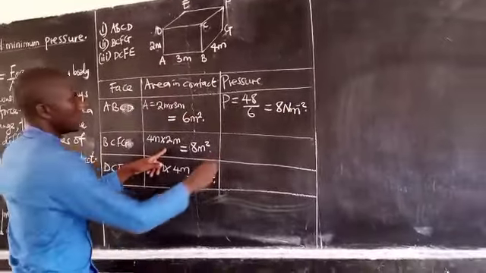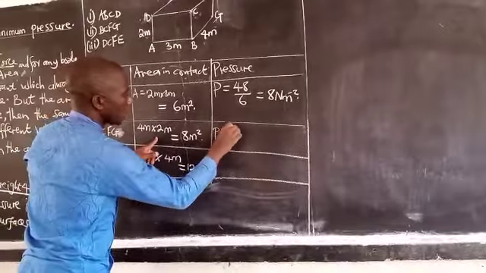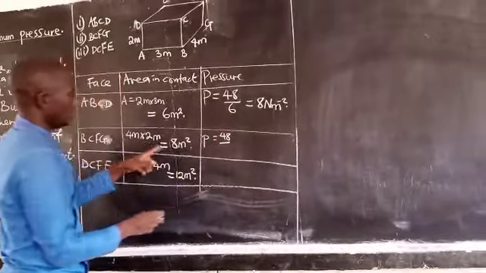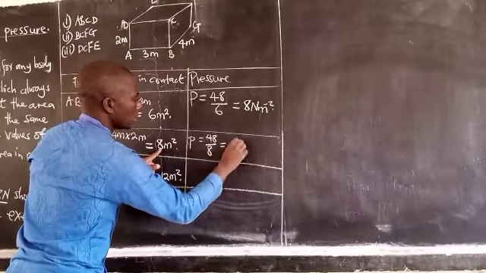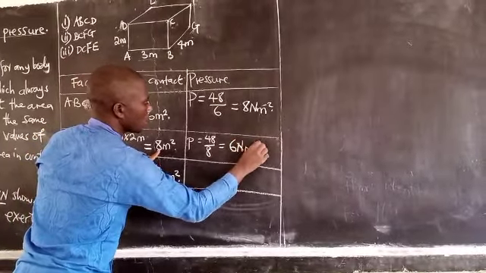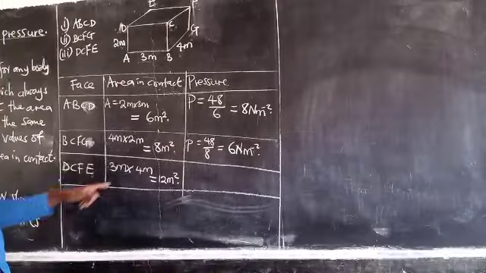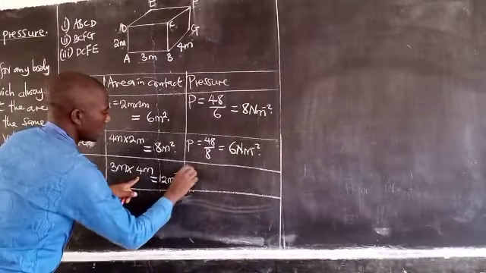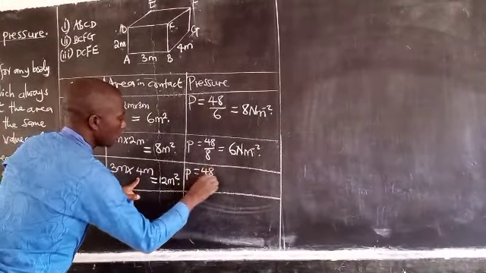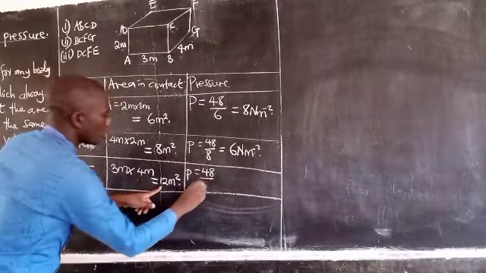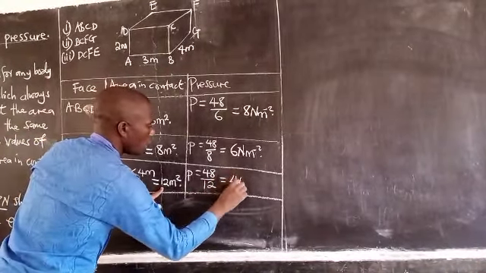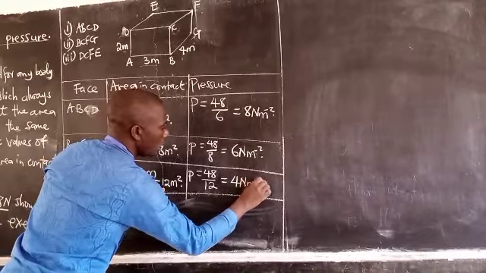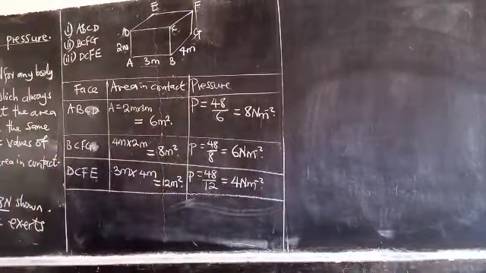The pressure here is 48 out of 8, which is 6 Newton per meter squared. And then the pressure here is 48 out of 12. And this gives 4 Newton per meter squared.